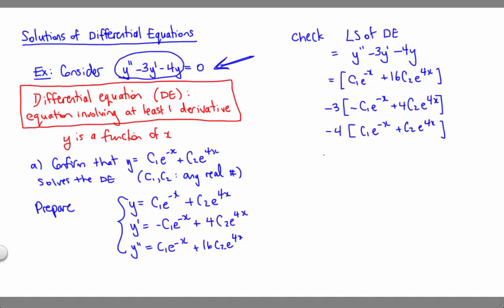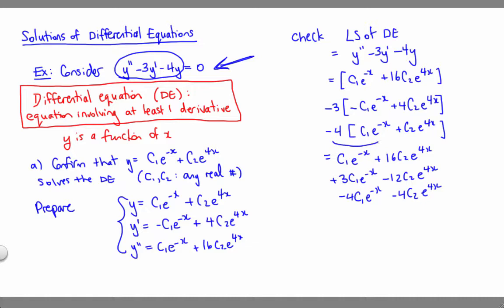Next step, let's expand everything out. So I've expanded out here, and we've just been careful about the signs. So for example, our last couple of terms, we've got minus 4 C1 e to the minus x, and then minus 4 C2 e to the 4x.